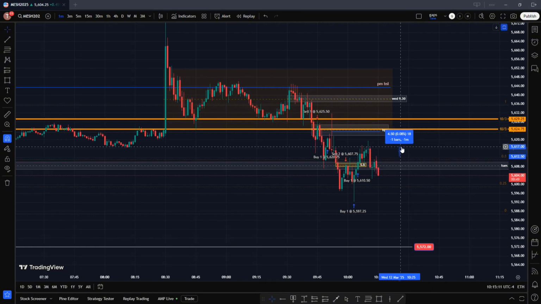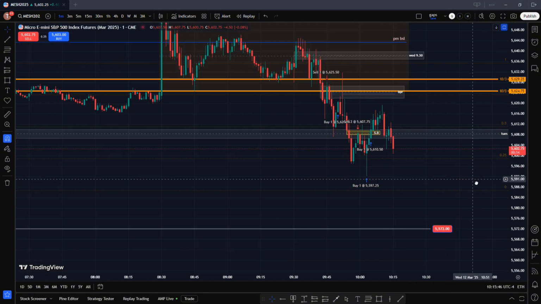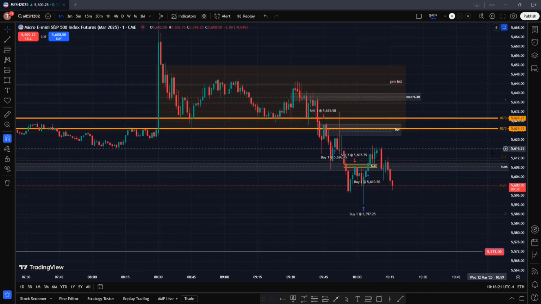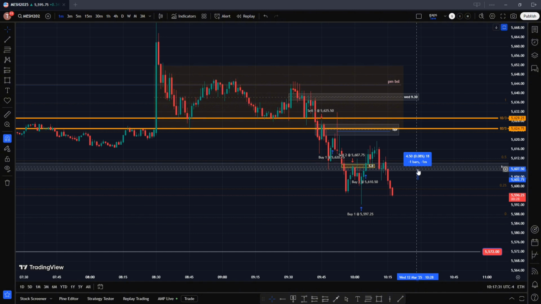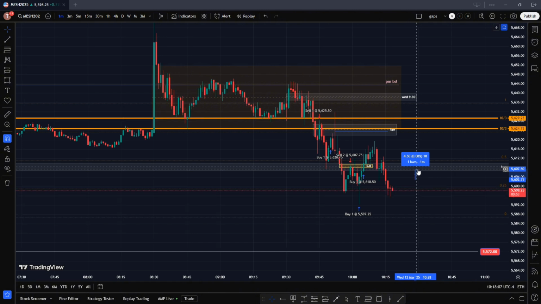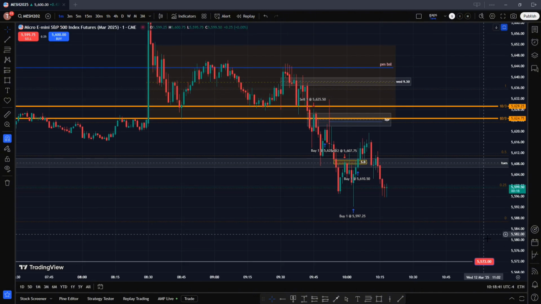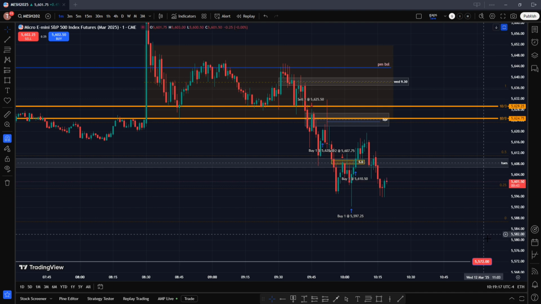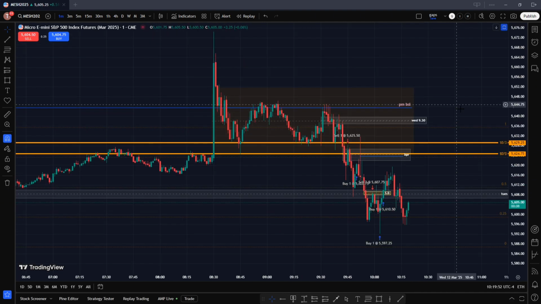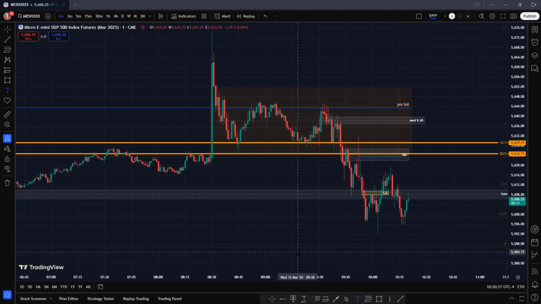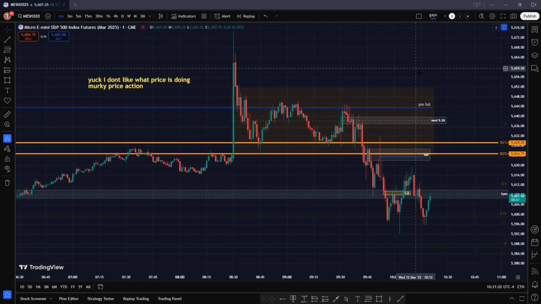As you can see, we dropped sharply, yes, after it touched the fair value gap. Definitely I would have taken that entry if I hadn't been stopped out in the balance. As we can see, it worked towards my drawn liquidity, but then I just told myself enough.